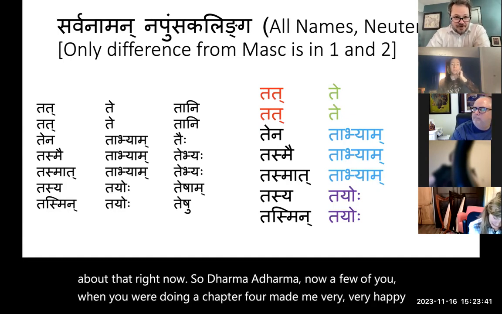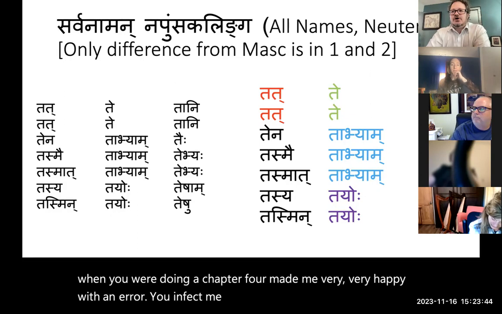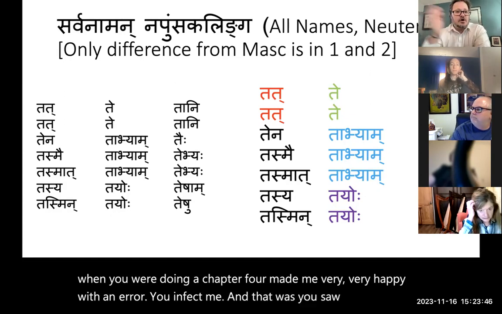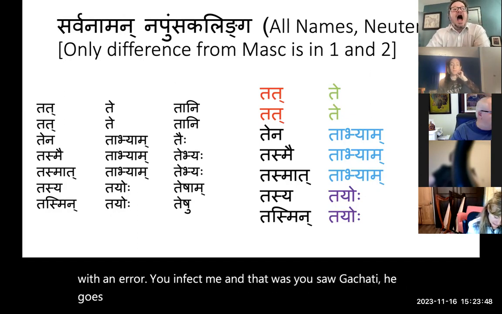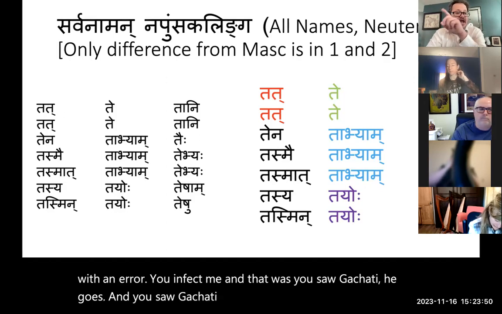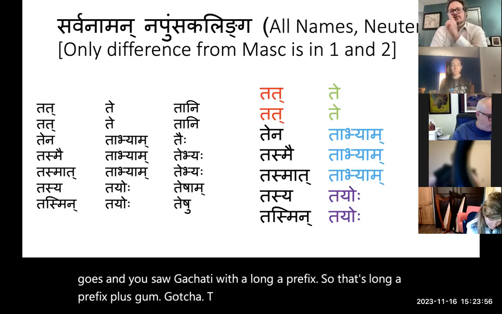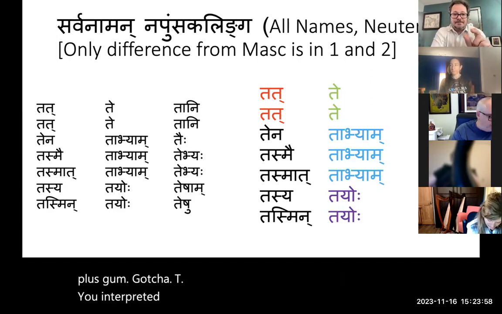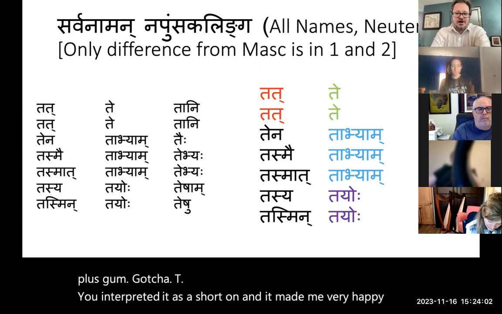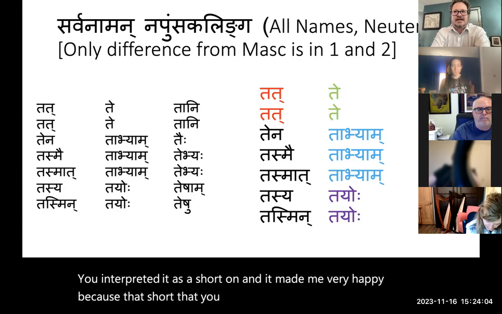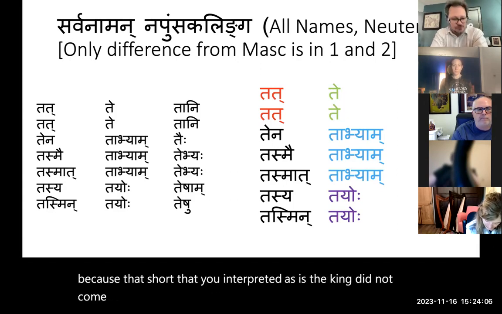So, dharma, adharma. Now, a few of you, when you were doing chapter 4, made me very, very happy with an error you, in fact, made. You saw gachati, he goes, and you saw agachati with a long A prefix. So that's long A prefix plus gam, agachati. You interpreted it as a short a, and it made me very happy, because that short a you interpreted as is: the king did not come. That was wrong.